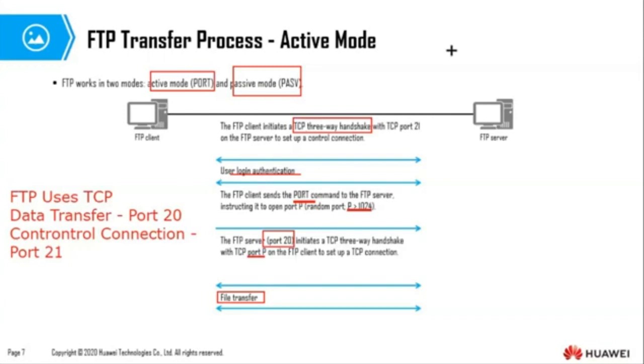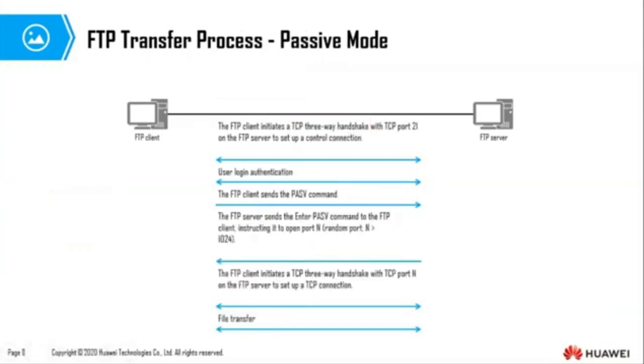Wonderful. Okay. So the next mode is the passive mode. With passive mode, again, it begins by doing a TCP three-way handshake via TCP port number 21, then authentication.